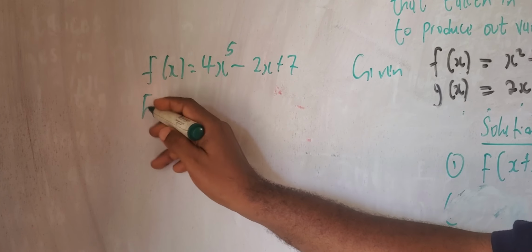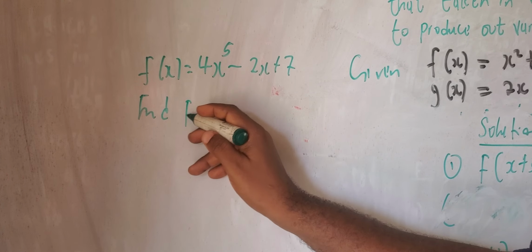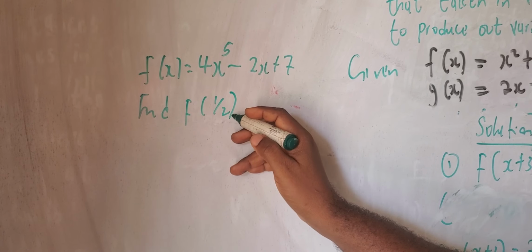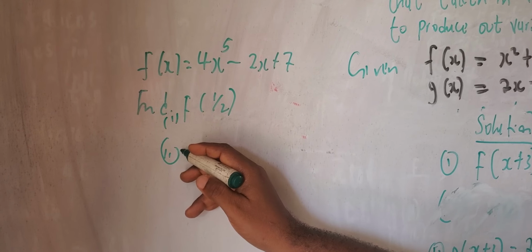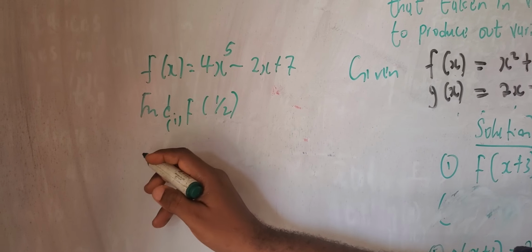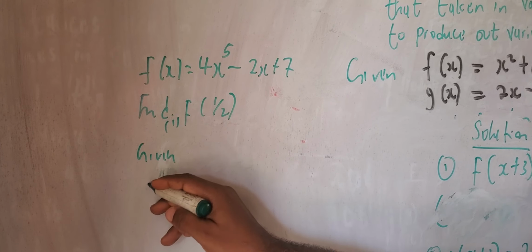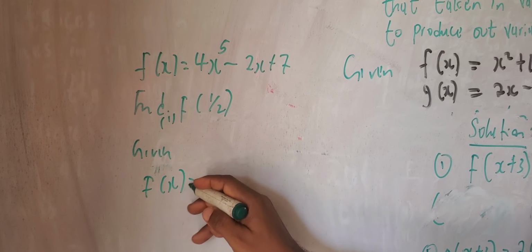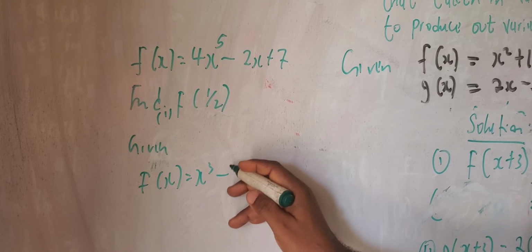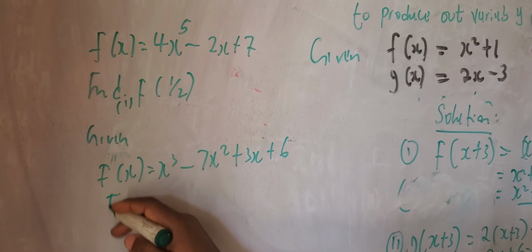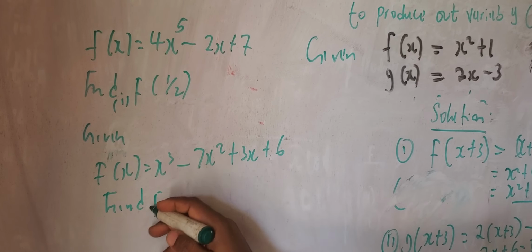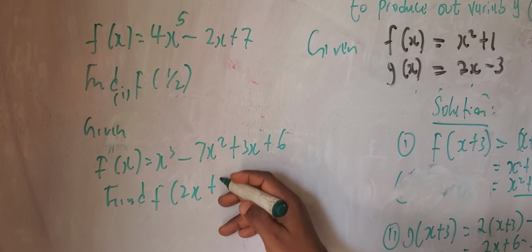The question says find f of 1 over 2, and that's case 1. Case 2 says, if you are given f of x is equal to x cubed minus 7x squared plus 3x plus 6, find f of 2x plus 1.